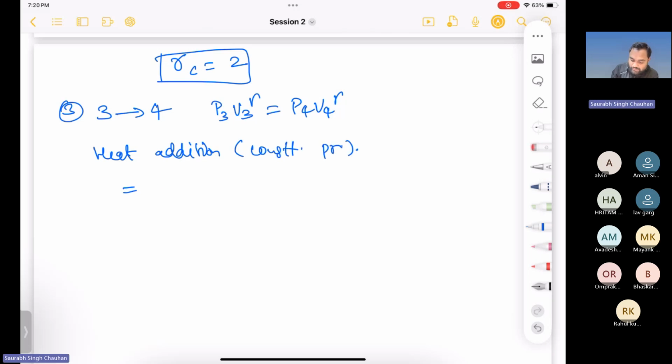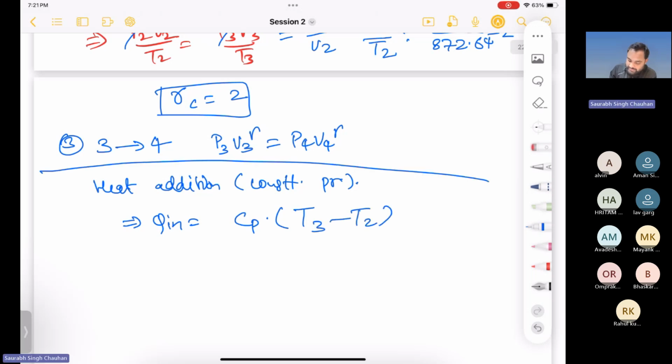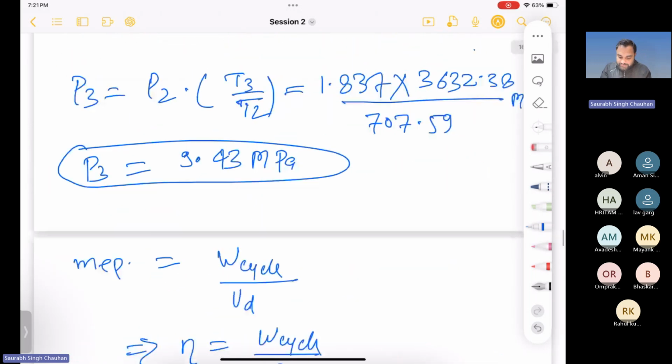So Q in will be equal to, for constant pressure, Cp multiplied by T3 minus T2. And what was Cp in the previous question?